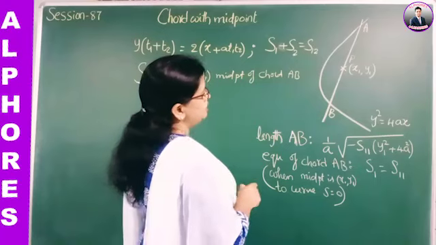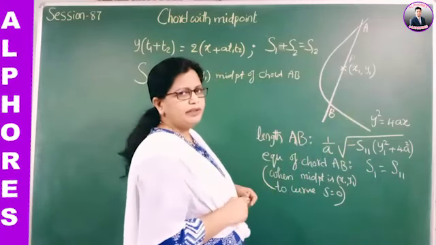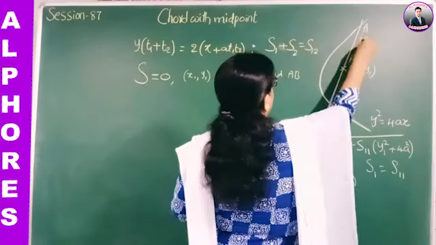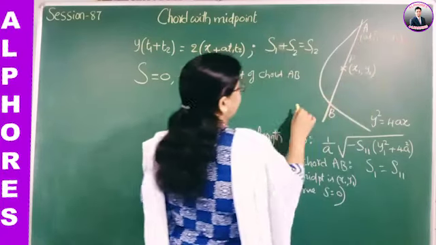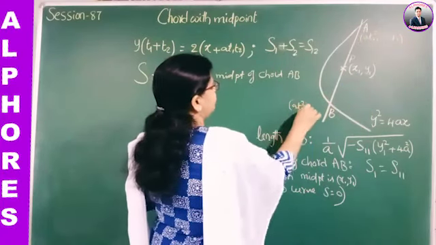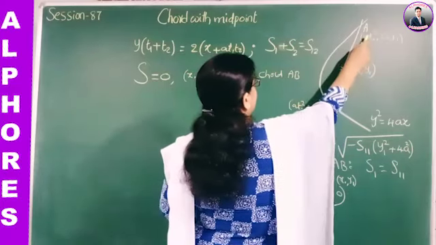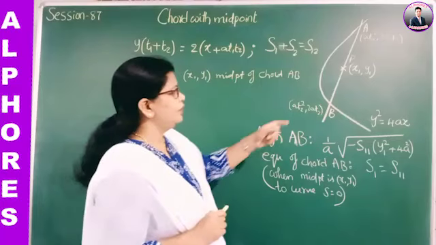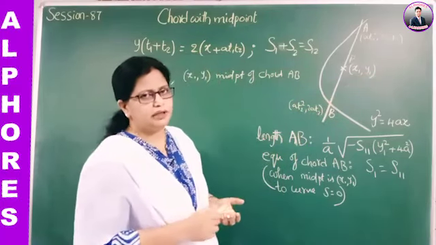Suppose we consider y square equal to 4ax. Then one point is (at1 square, 2at1) and the other point is (at2 square, 2at2). Thereby x1 is a into (t1 square plus t2 square) by 2, and y1 is (2at1 plus 2at2) divided by 2.